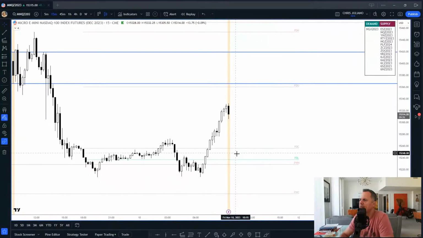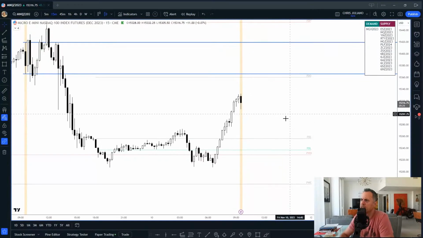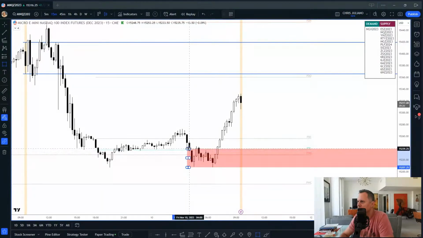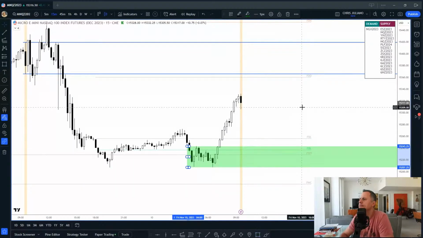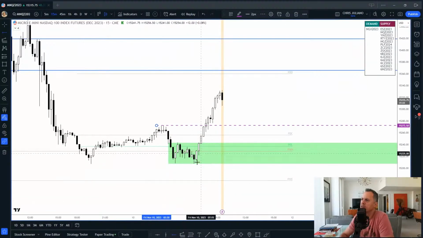Maybe it wants to pull back down into all of this support here. We've got a lot of support here. This is the level, right? This is the level here. That broke structure right here. So on the lower time frame, this is the area that broke through structure.